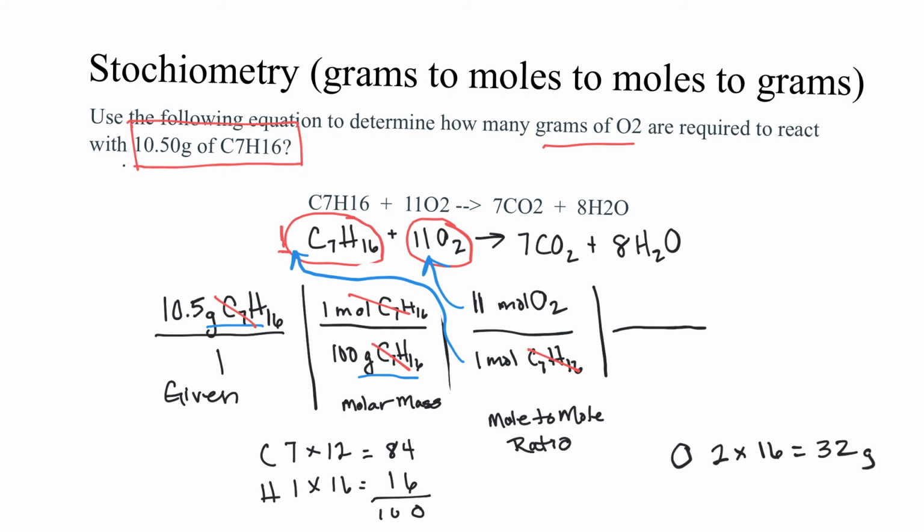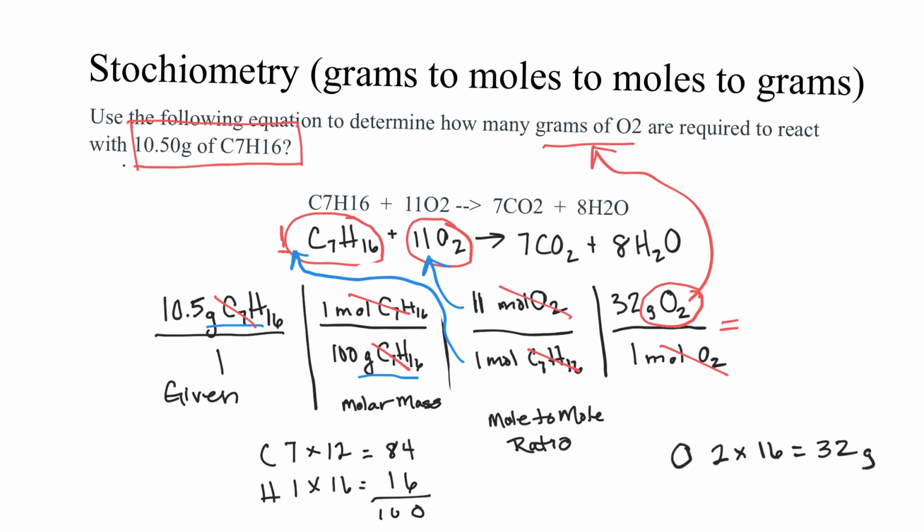And so we have 32 grams of oxygen over 1 mole. And now we cancel out moles of oxygen, right? And we're left with grams of O2. And this is exactly what we're trying to find up here.